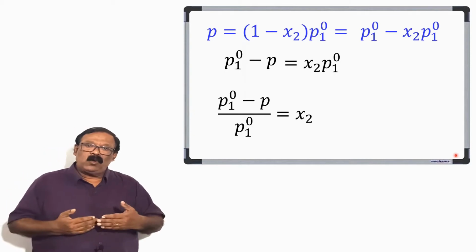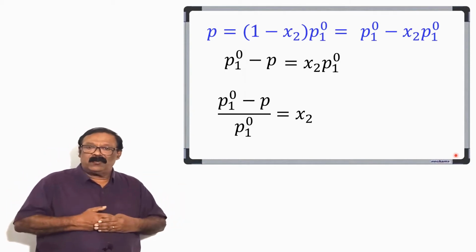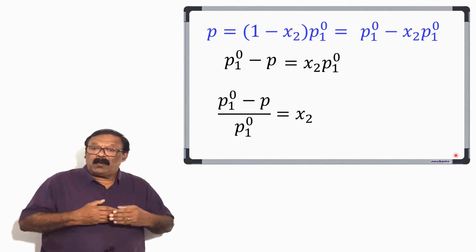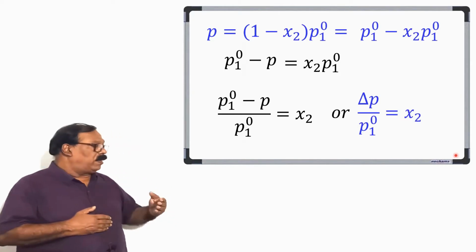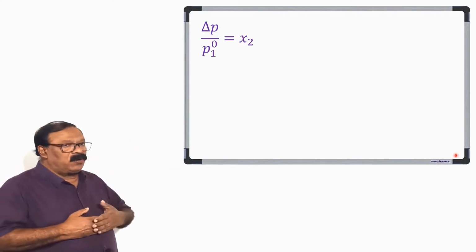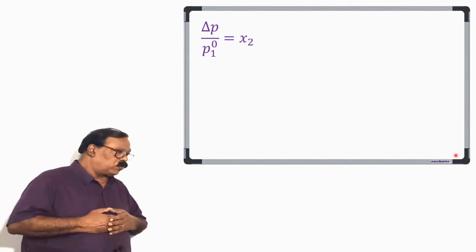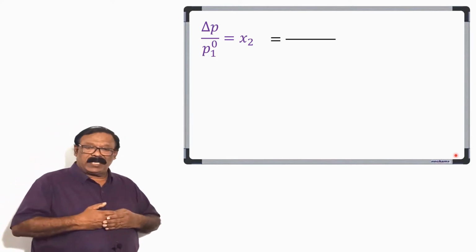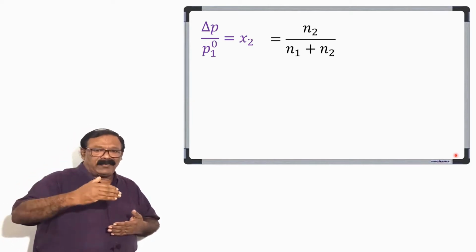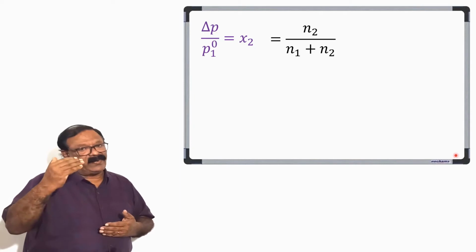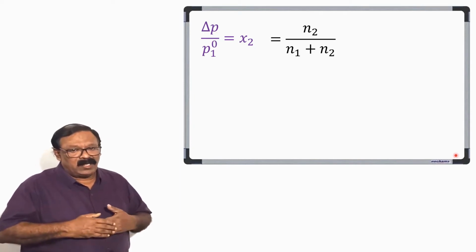Now let us see how this relative lowering measurement is used for calculation of molar mass of the solute. Now we have P01 minus P by P01 is equal to x2. But what is x2? x2 is the mole fraction. It is equal to N2 by N1 plus N2, where N1 is the number of moles of the solvent and N2 is the number of moles of the solute.